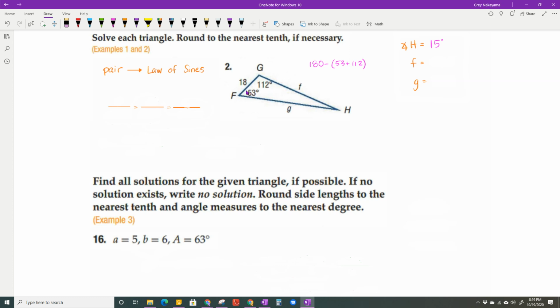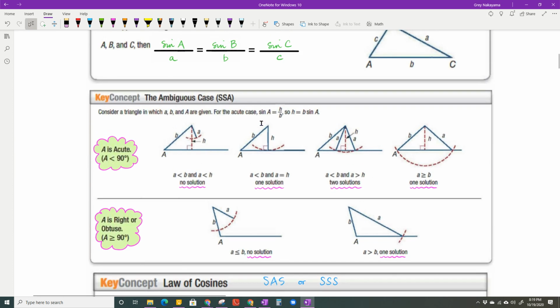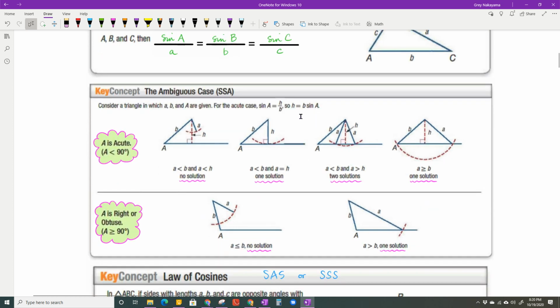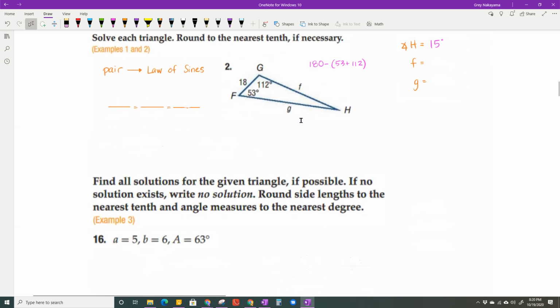And the other thing I want to point out to you is that this is what the law of sines says, but our property of proportions tells us that I can flip this and say a over the sine of A, b over the sine of B, and c over the sine of C. If you can remember that, I'm going to show you how to make solving these things pretty easy.